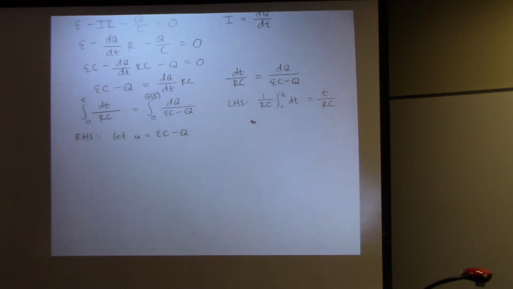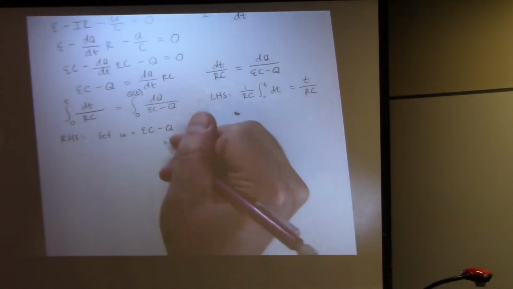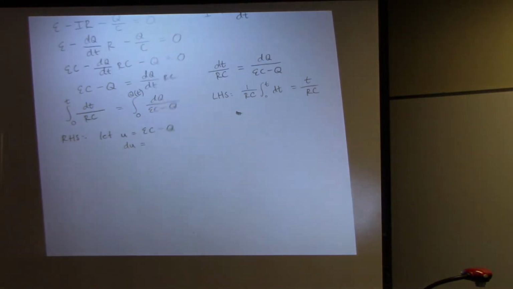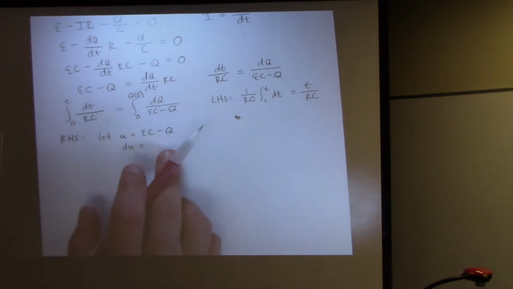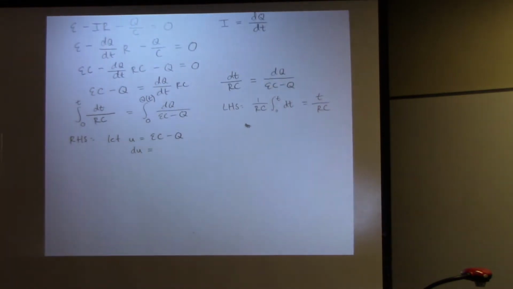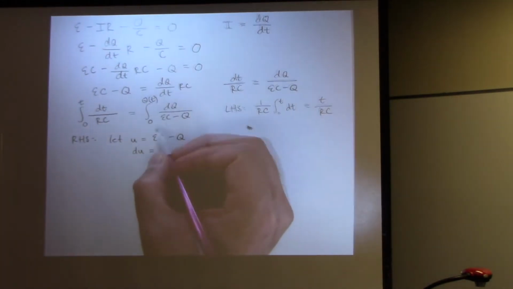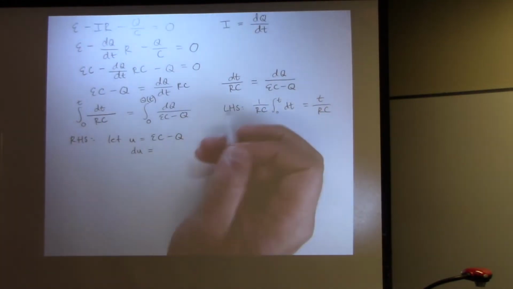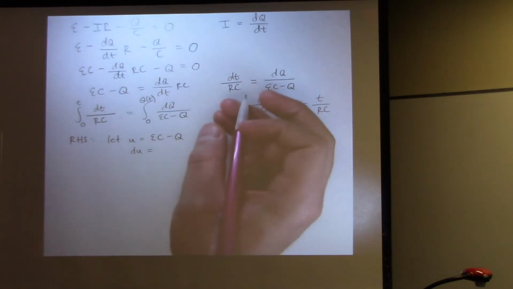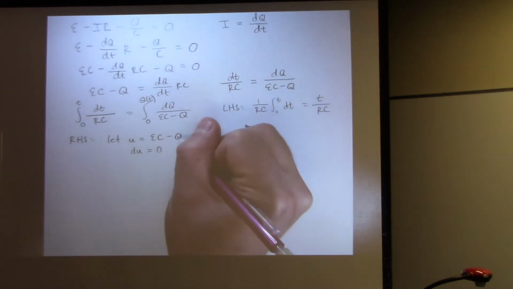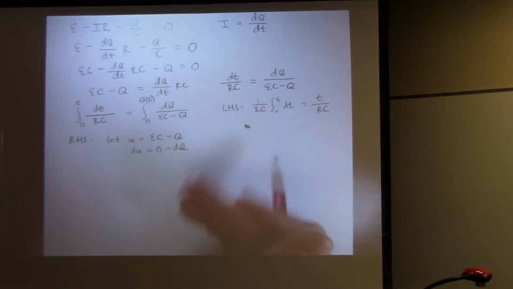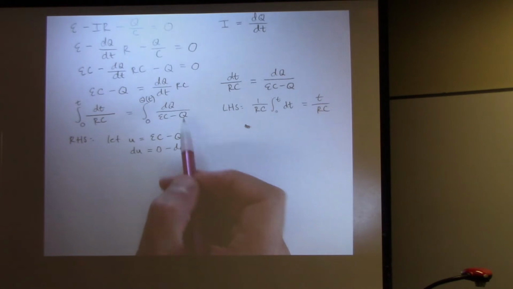And the next thing we have to do is figure out what du is going to be equal to, because not only do we have to substitute out what's in the denominator, but we have to substitute out dq as well. So if I take the derivative of this thing u, well, I have just constant terms in the front, so that's 0. And then this just becomes minus dq. So du is just minus dq by taking a derivative.